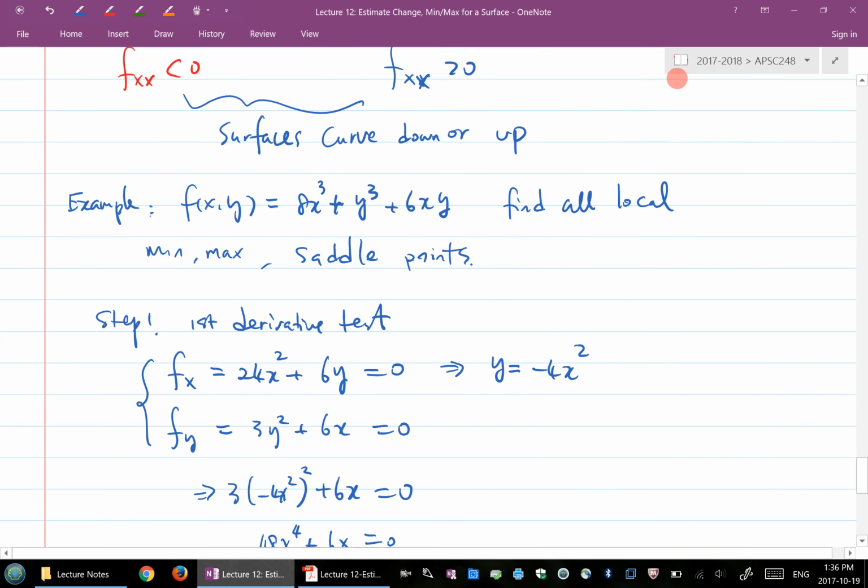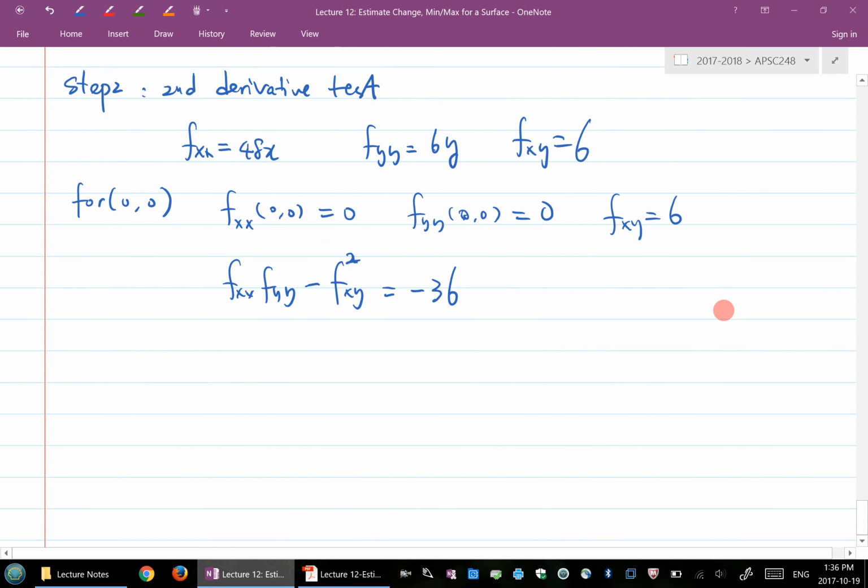So this is basically saying (0, 0) is a saddle point. I'll show you what this graph looks like once we finish this testing.